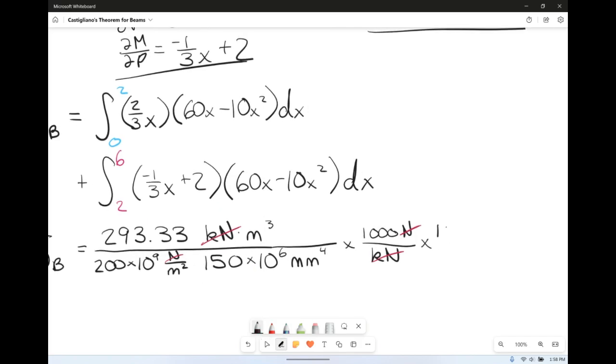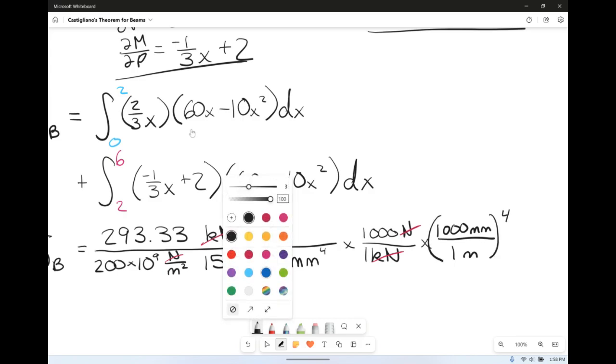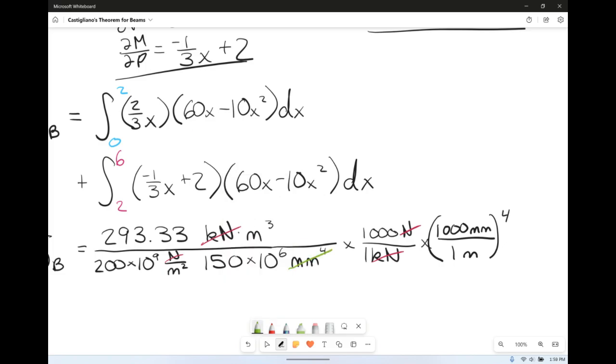So we've got 1000 millimeters per 1 meter. We've got that 4 times. And the 4 times is going to cancel this millimeters to the 4th. And this is meters squared and meters cubed. That's going to be meters to the 5th. So that's going to cancel this down to just meters.